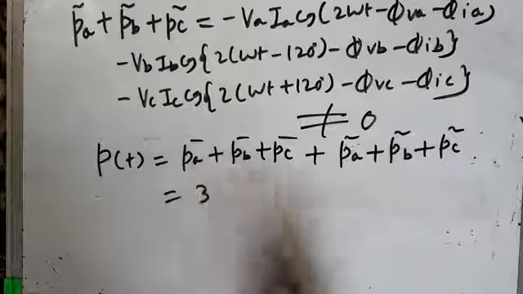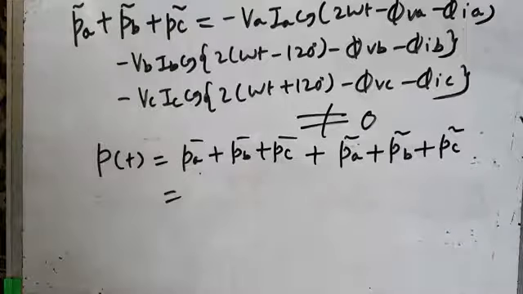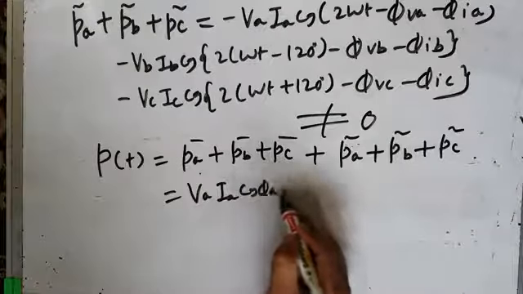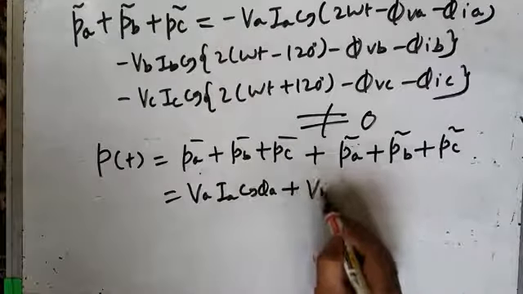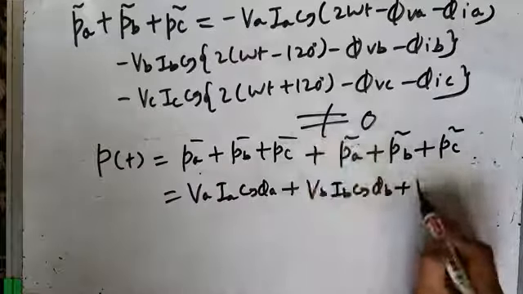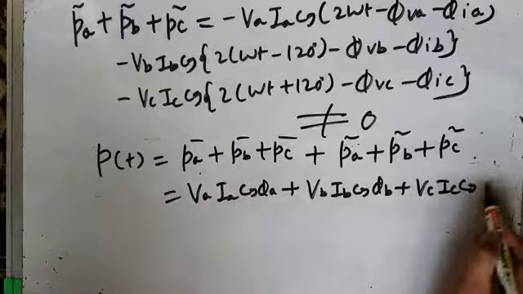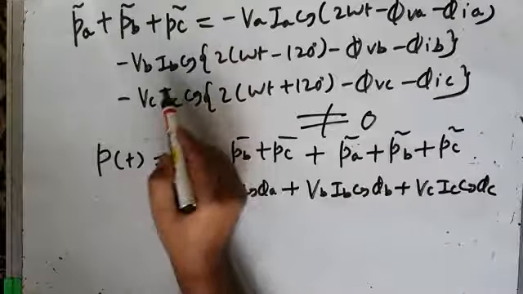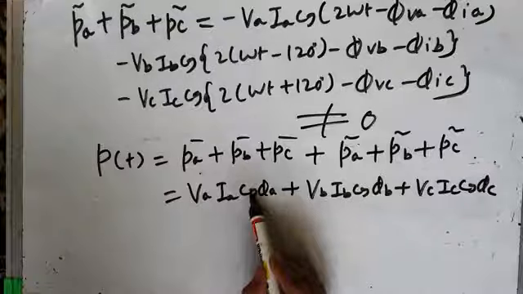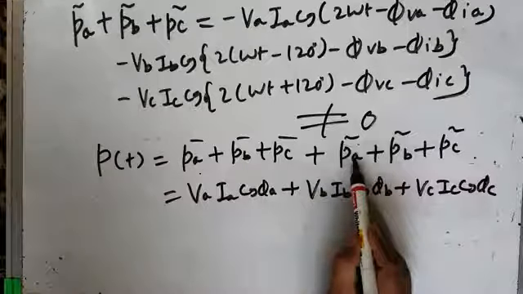PA is VAIA cos phi A plus PB is VBIB cos phi B plus PC is VCIC cos phi C. This is the average power, and this is the oscillating term of power.